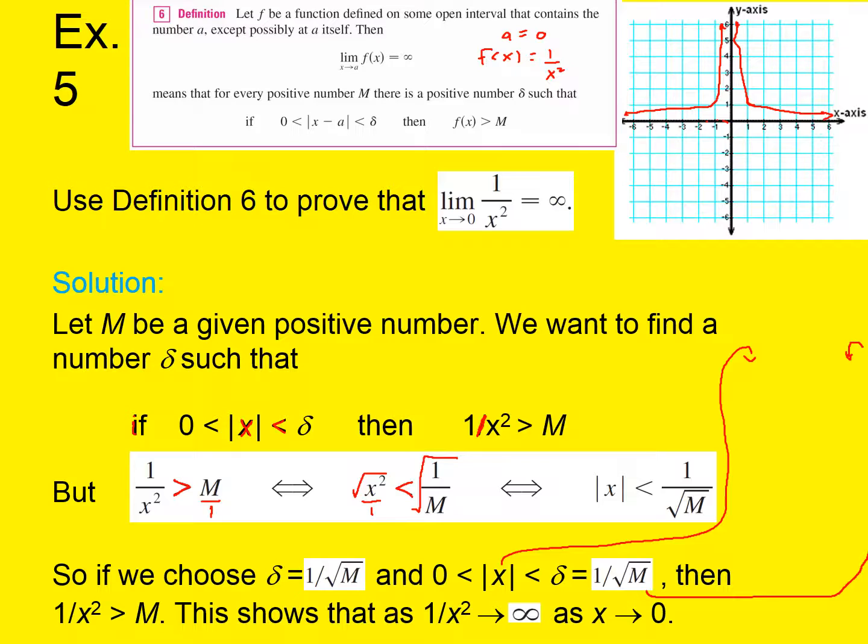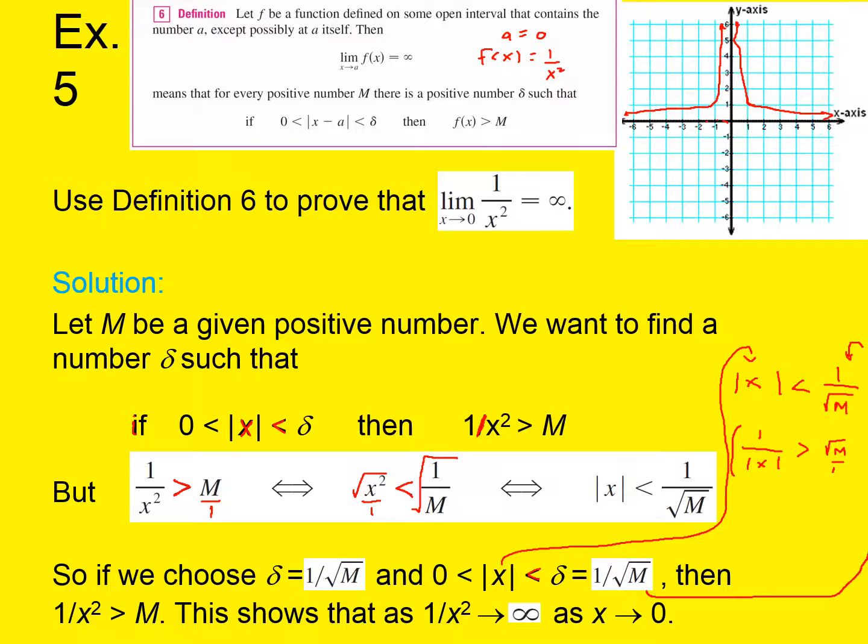So absolute x is less than 1 over the square root of m.